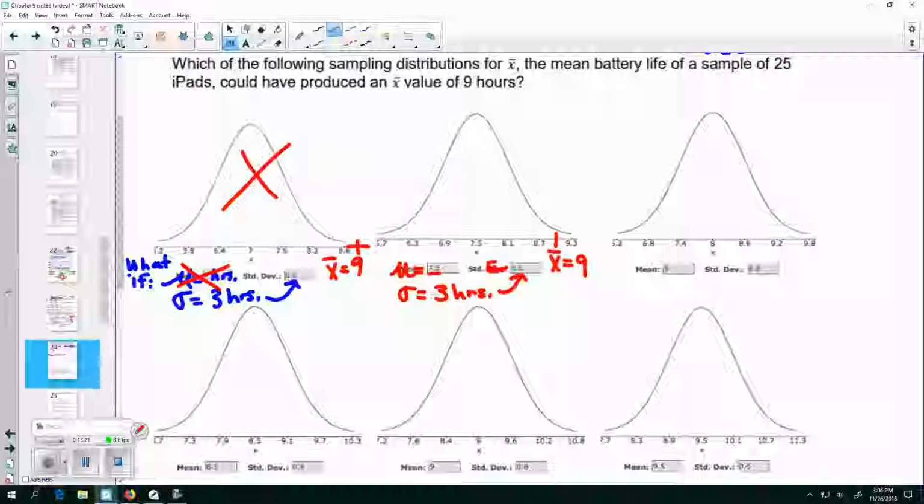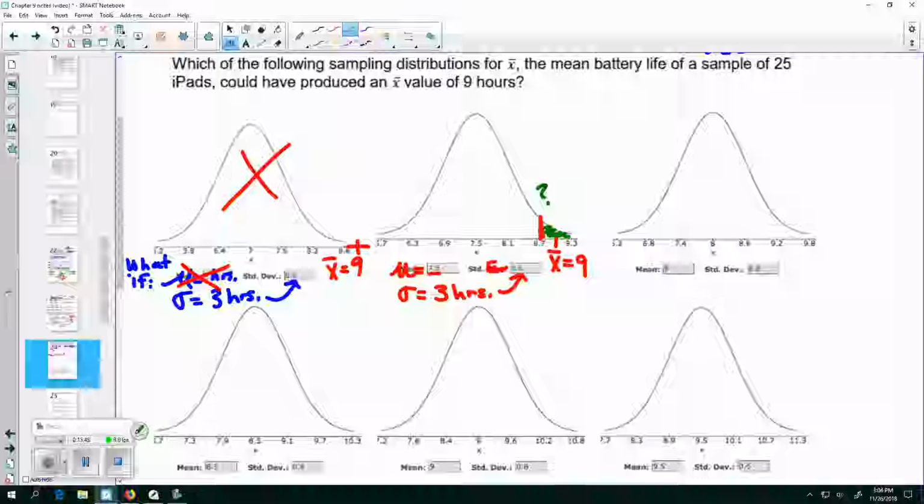Well, if the population mean is 7.5 hours, a sample mean of 9 hours is in the distribution, but it's beyond 2 standard errors. So many of you are going to think, that's a little too far away, I may rule this one out. And others may think, nope, that's within 3 standard errors, I'm okay with that. So we'll put a question mark here. In this one, we'd have to say yes or no based on how confident we want to be.